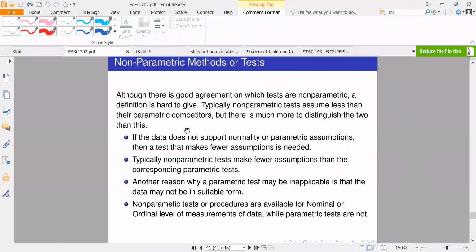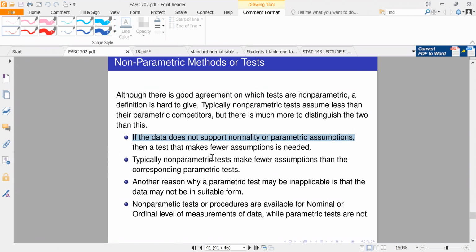One, the circumstance under which we can use non-parametric tests is if the data does not support assumptions of normality or parametric assumptions. Remember, in the preceding section, it can be confirmed that any population statistic has an asymptotic distribution with its parameters. If your data does not meet those, you can use non-parametric tests.